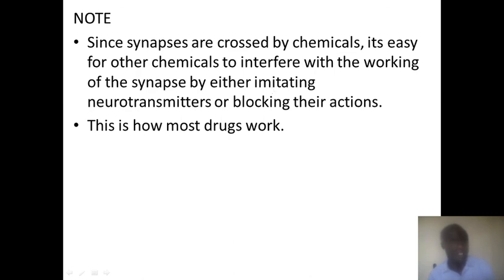They work like neurotransmitters, yet they are not the real neurotransmitters. Or others can block the neurotransmitters simply by competing with them for the receptor site. The chemical will occupy the receptor site first, and then the neurotransmitters, when they are released, have nowhere to bind, and therefore it will have interfered with the action of the synapse. So the impulse will not be transmitted across the synaptic gap.